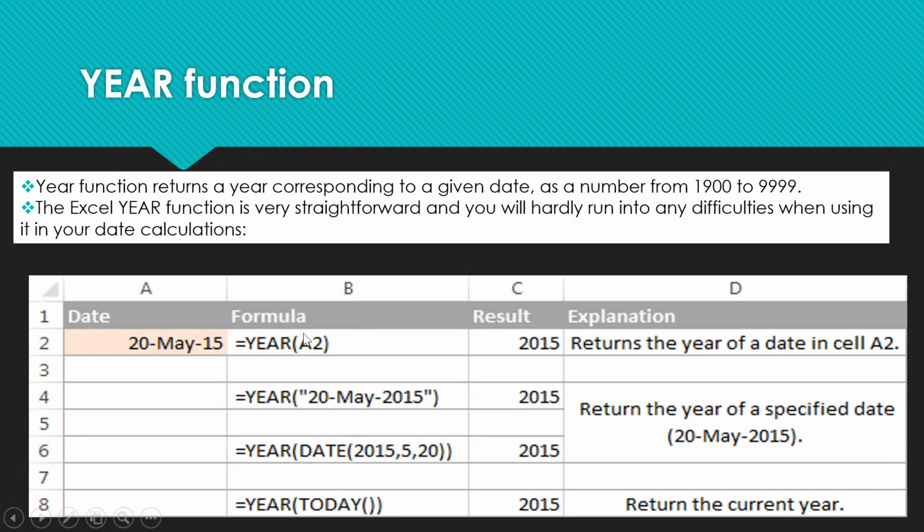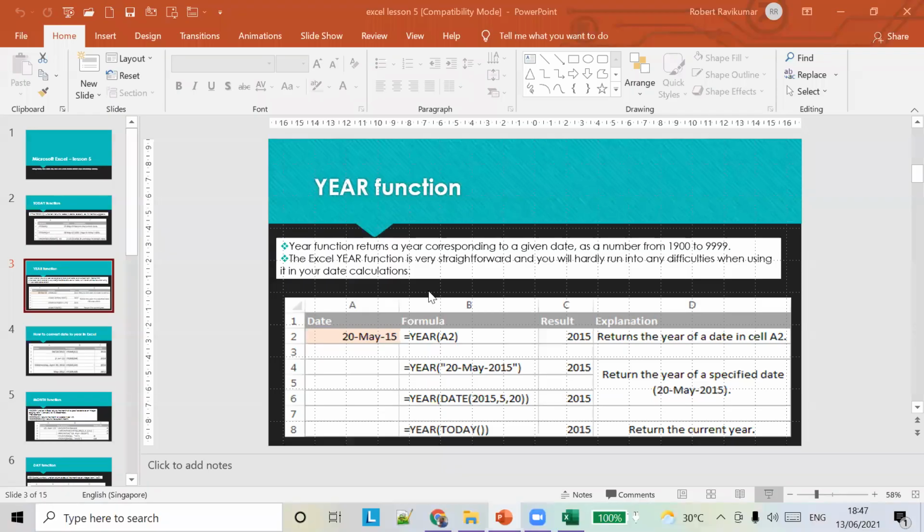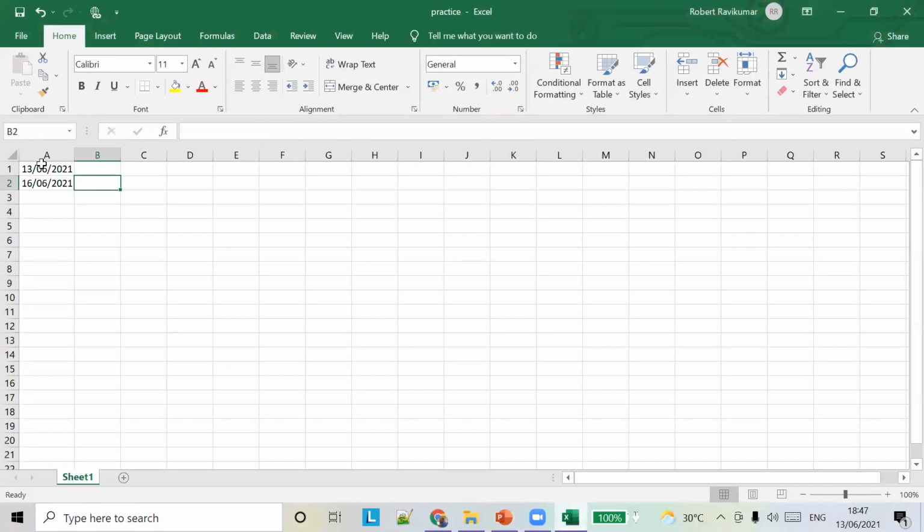It could be in any of these formats. The year function returns a year corresponding to a given date as a number from 1900 to 9999. The Excel year function is very straightforward and you hardly run into any difficulties using it in a date calculation.